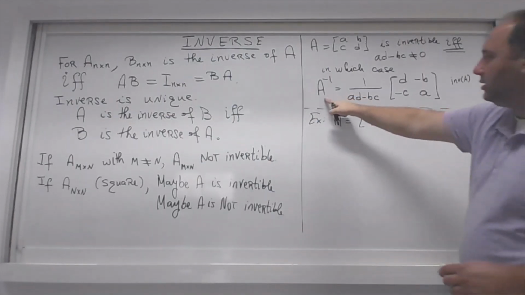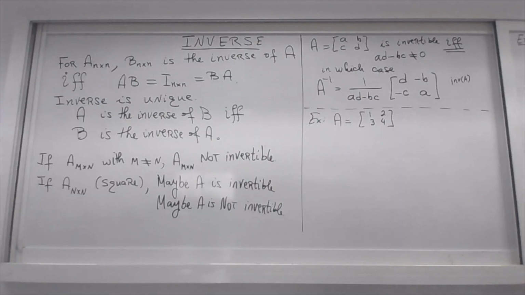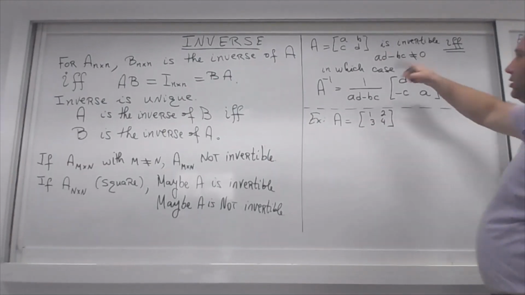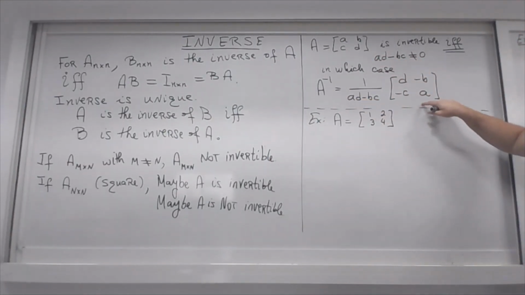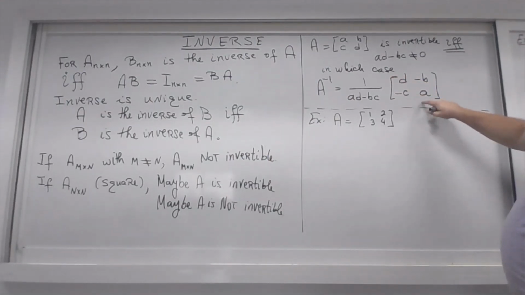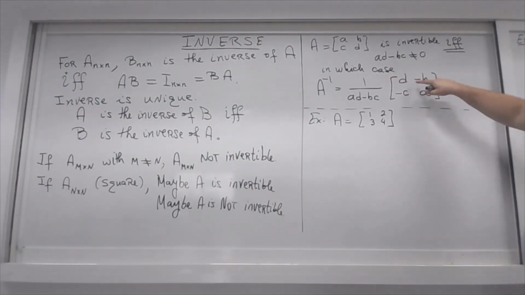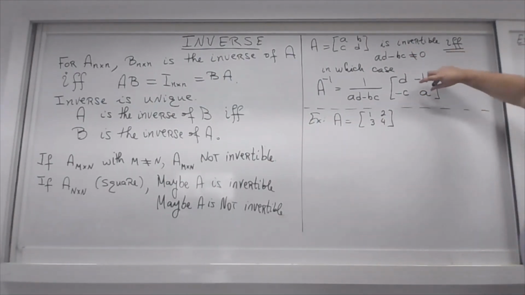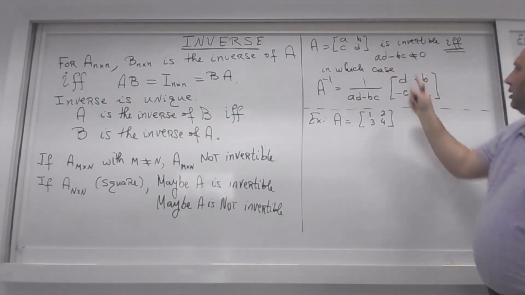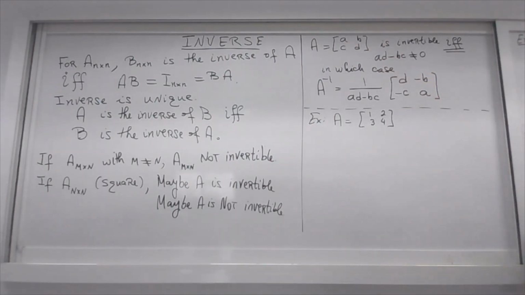It's faster to write A with the exponent negative 1. So in the case of a 2 by 2 invertible matrix, here's how we compute the inverse. 1 over the determinant, and then in the matrix you see B and C, they get a minus in front, and A and D, we swap them. See AD, here is DA, on the diagonal.